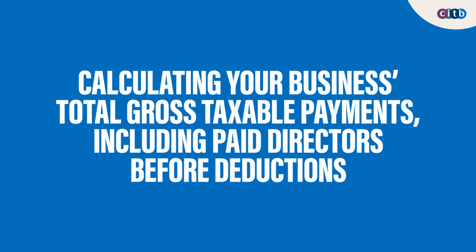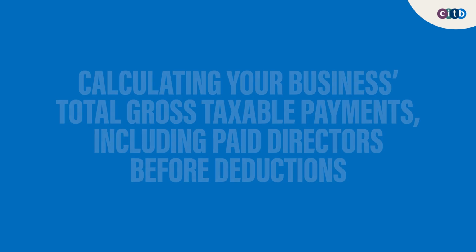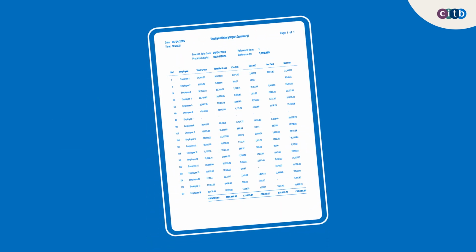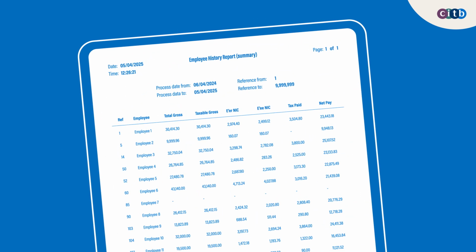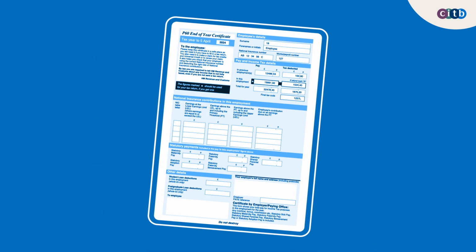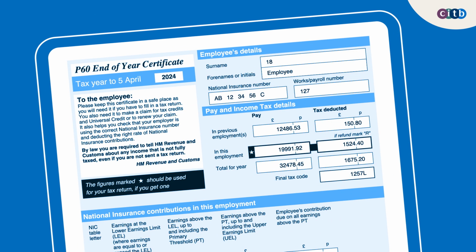Calculating your business's total gross taxable payments made to all employees on the payroll, including paid directors, before deductions. Payroll records can take many forms, including a payroll report, which displays the total gross taxable pay from any payroll software your business may use, copies of P60s and relevant P45s.